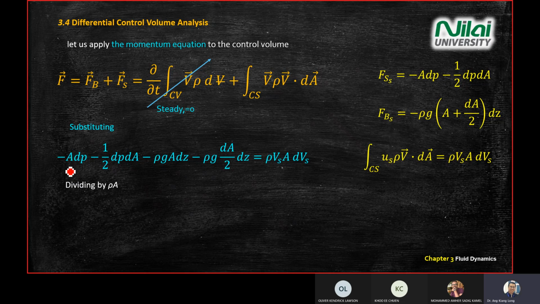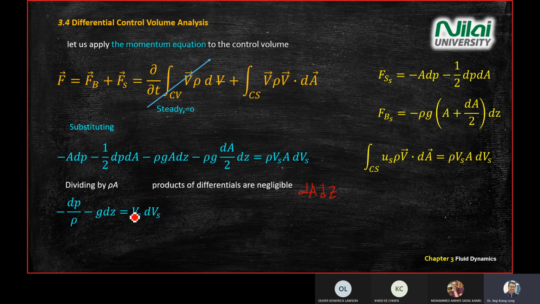Then you divide by your density and area in this equation. And again, the differential terms like dA times dz you ignore in the steps, and you arrive at this equation: negative dP over rho minus G dz equals Vs dV.